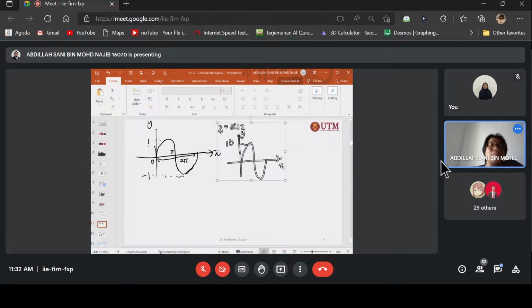This is y equals sine x, and this is y equals 10 sine x, because the magnitude is 10.